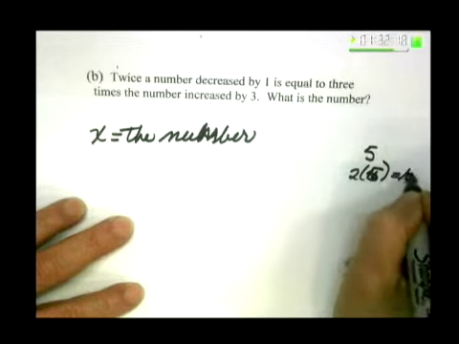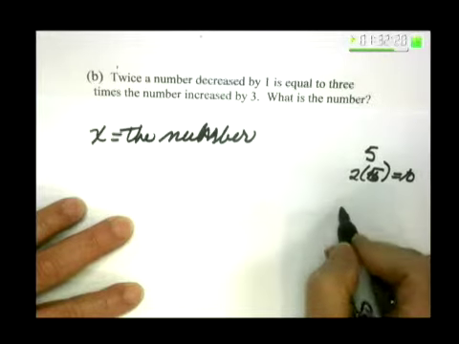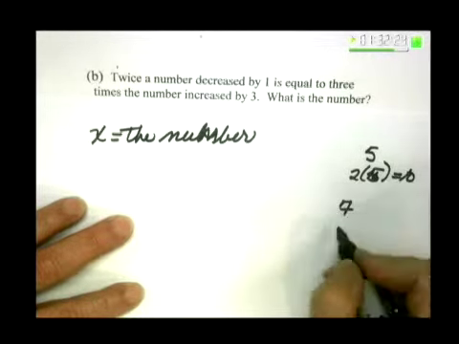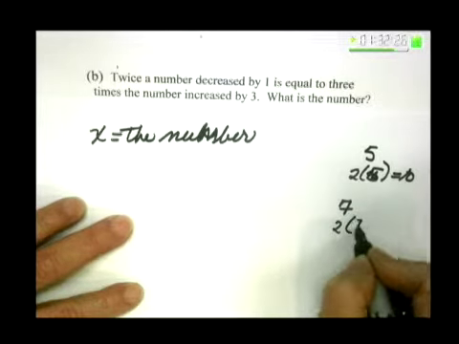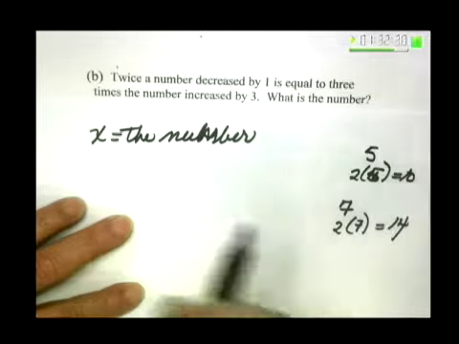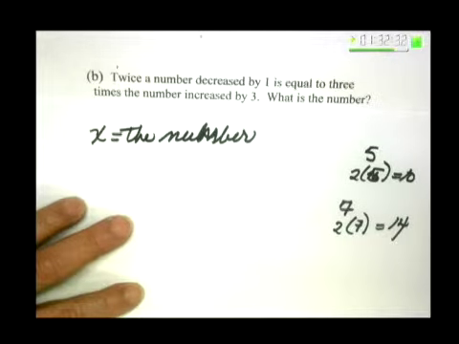If I give you the number 7, what's twice 7? 14. What'd you do? 2 times 7, or 14. So twice something means to multiply by 2.